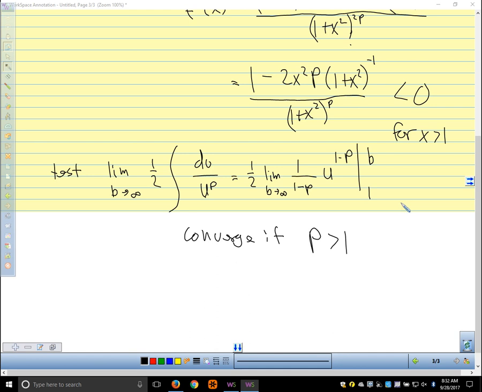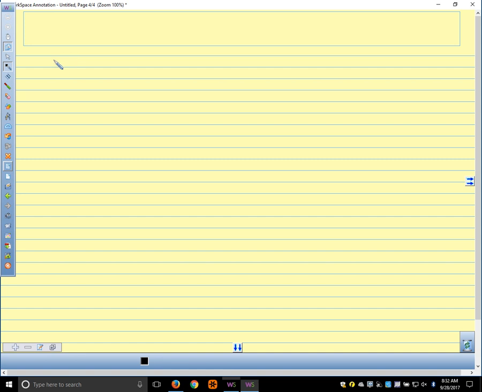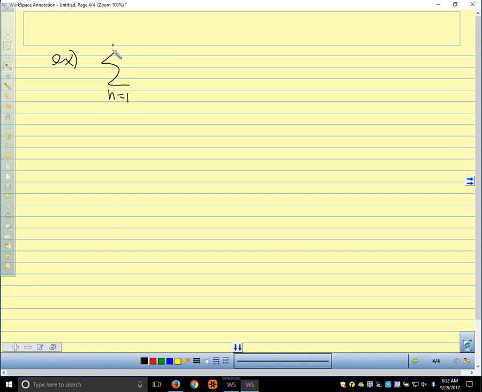All right, let's look at another example. This one might be different. Same thing: we want to find positive values of p for which this series converges, 3 over p to the n.